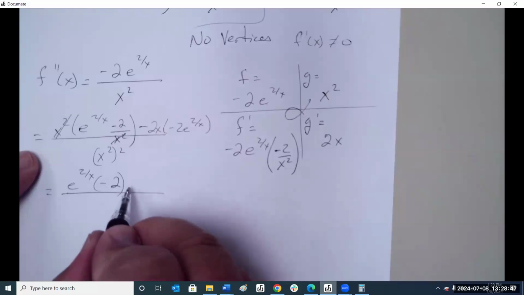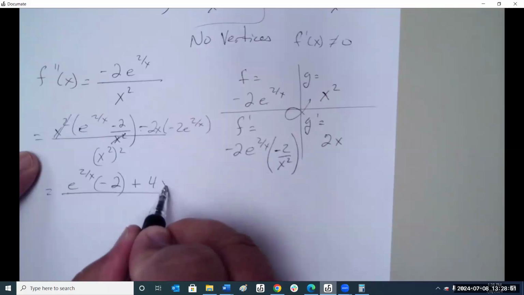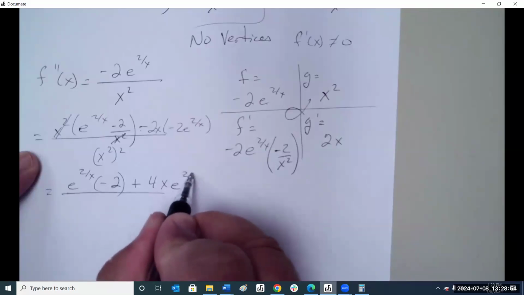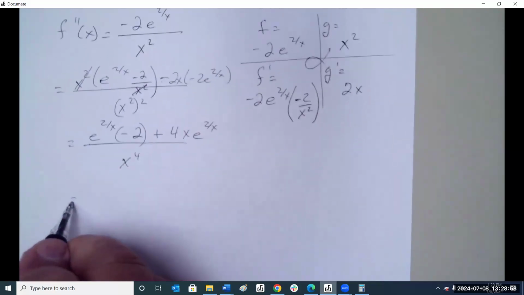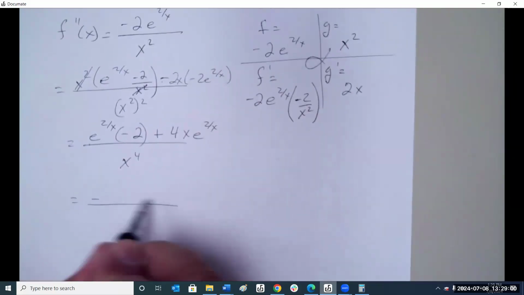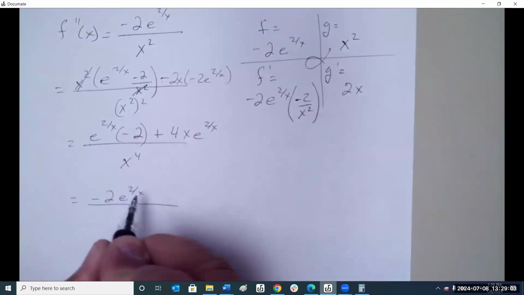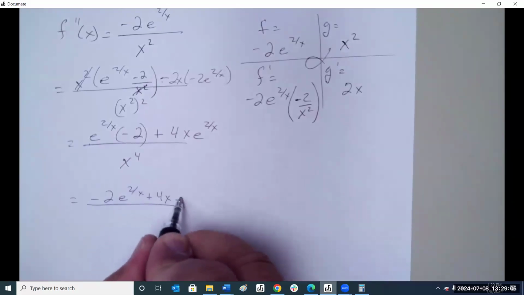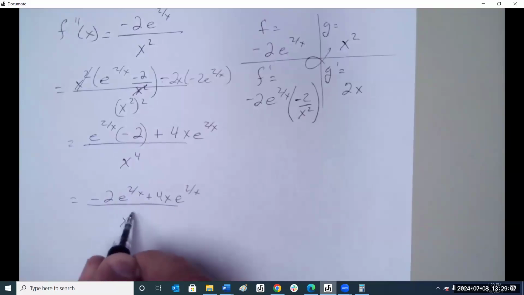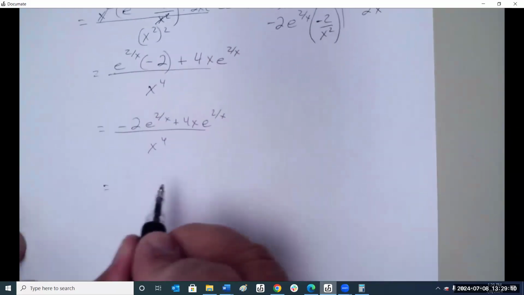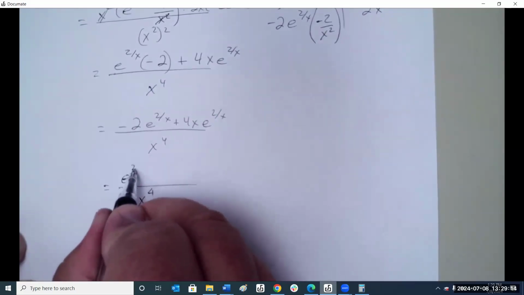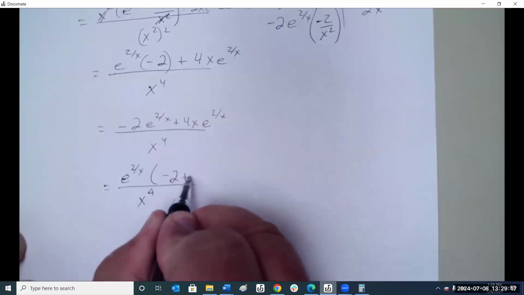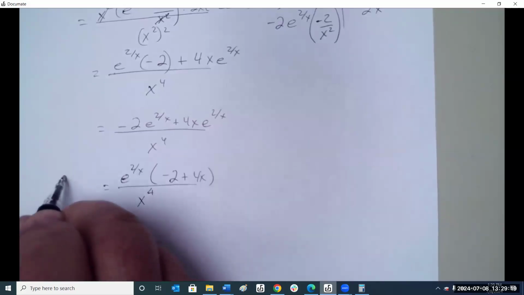Negative and negative makes it a positive. 4x e to the 2 over x, over x to the 4th. e to the 2 over x times -2 plus 4x.